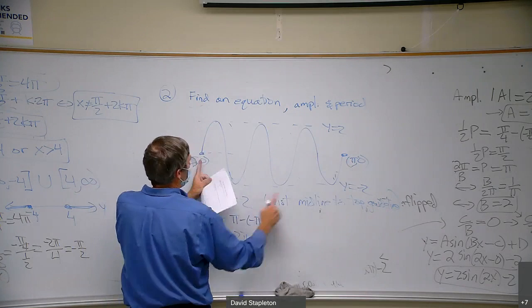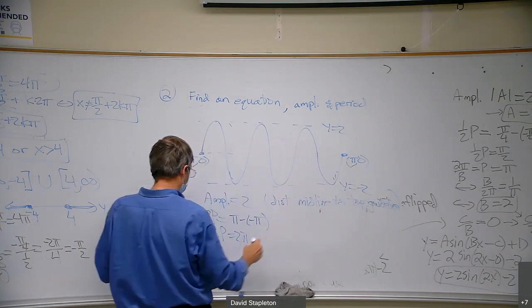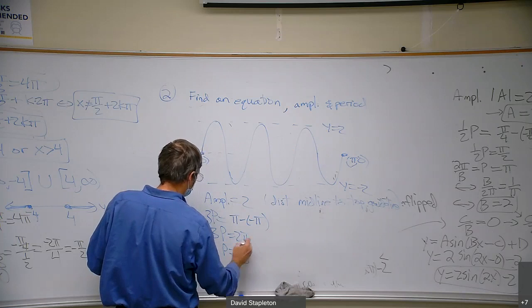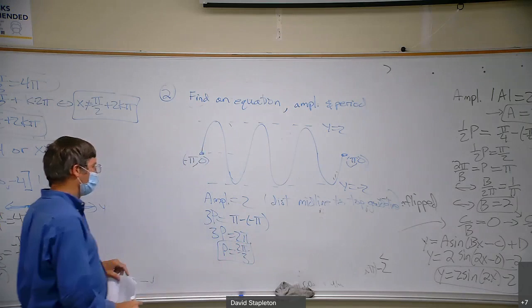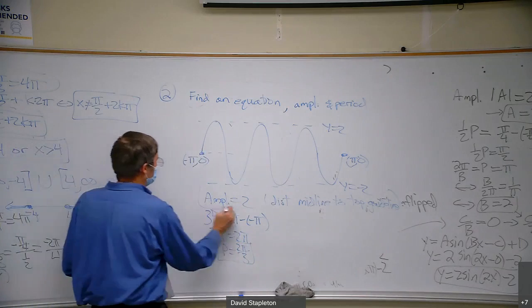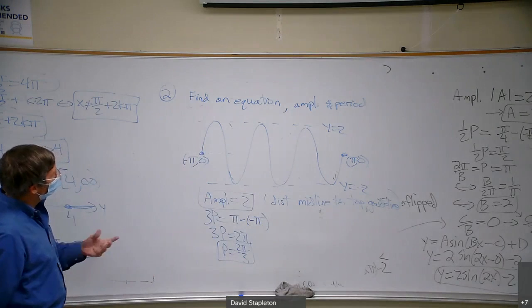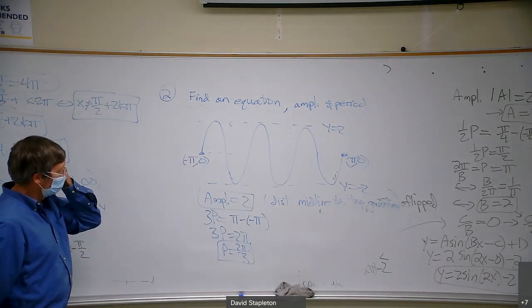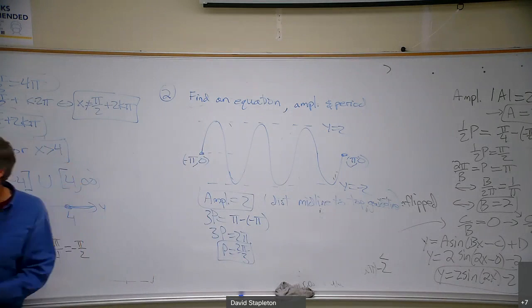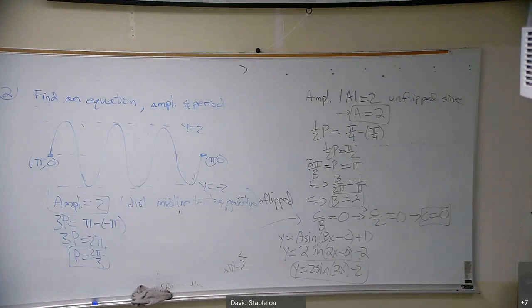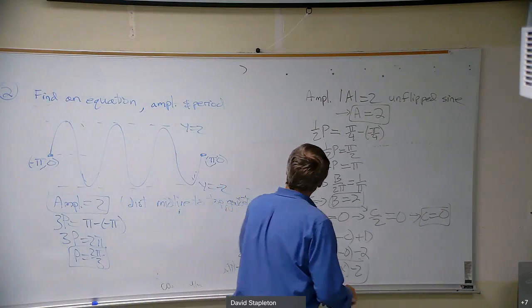So from here to here, it's 2 pi, and there are 3 periods. That says that the period is 2 pi over 3, exactly. So I've got the period and I've got the amplitude. Now, again, like on the other problem, we can do a shift point and get the 4 letters from the 5 properties. We'll aim for that.